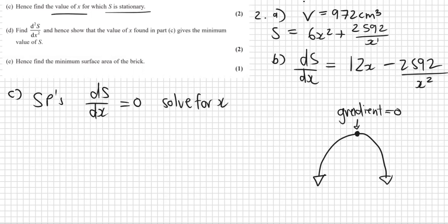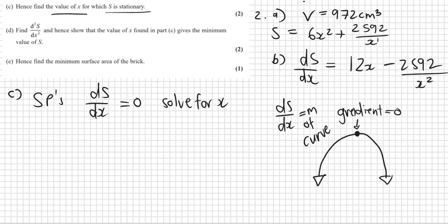It's a standstill point. And that's why our first derivative is equal to the gradient of the curve at any point x.